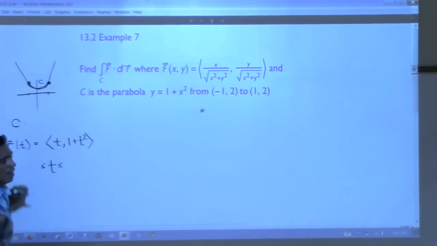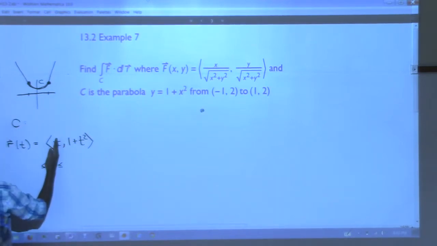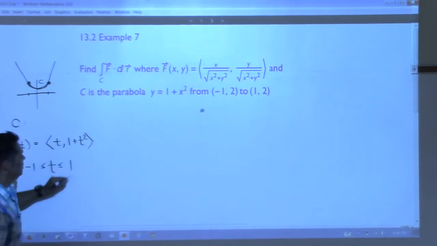This is our C, right? You with me? I'm just writing this down. So what's our restriction on t then? Negative 1 to 1, because t is our x, and x goes from negative 1 to 1. Everyone happy?